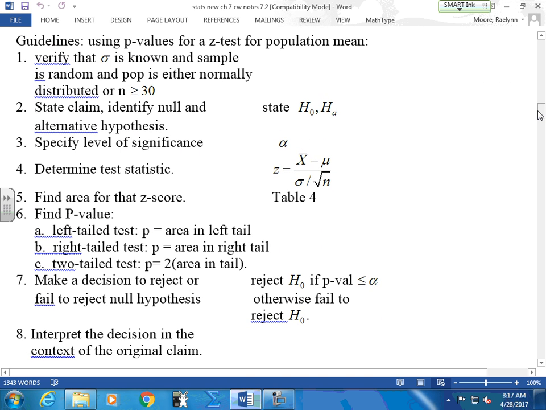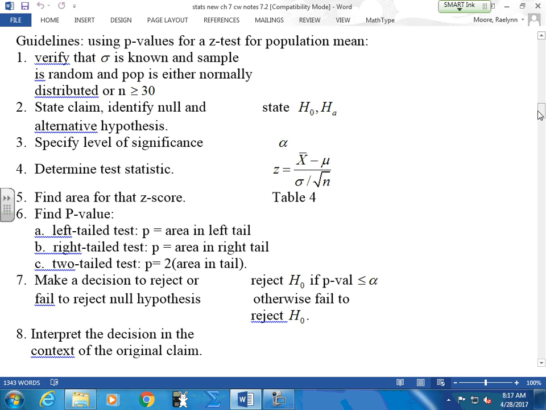So these are the steps we go through. This is important. You're going to verify that you know the population standard deviation and that either we're normally distributed or n is greater than or equal to 30. Remember, you're testing a claim made against the population with your sample. You're going to state the claim. You're going to identify the H0, the HA.